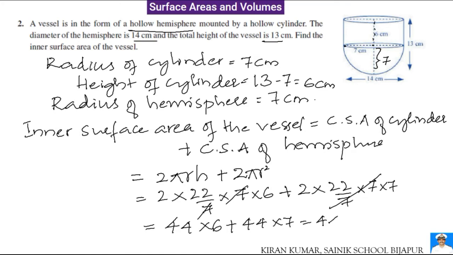Here 44 taken common, 6 plus 7 will be equal to 44 times of 13, which is 572 centimeter square. So the inner surface area of the vessel is 572 centimeter square.